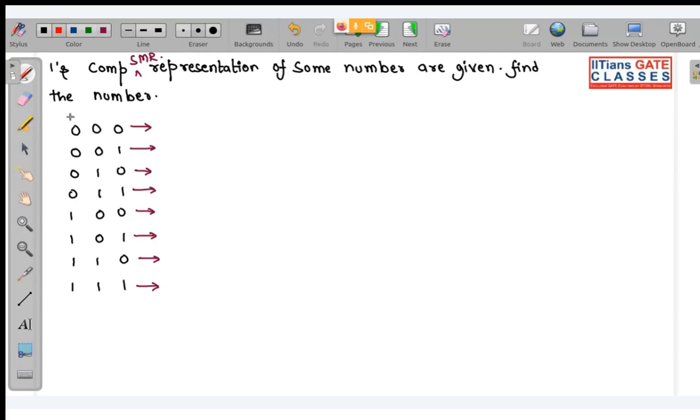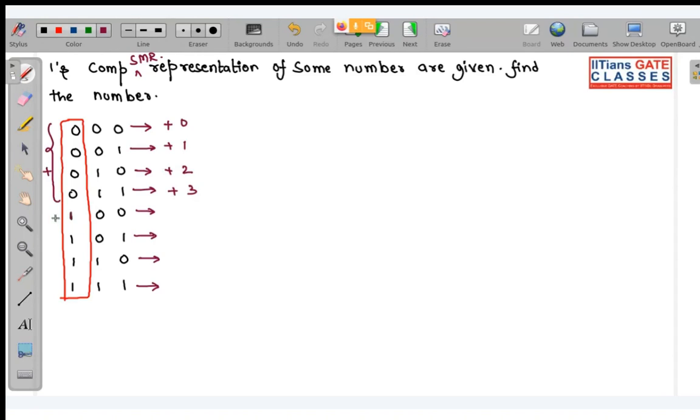See here. As this is your sign magnitude representation, this is your sign bit. So 0 means these 4 numbers correspond to positive numbers. So this will be plus 0, plus 1, plus 2, plus 3.